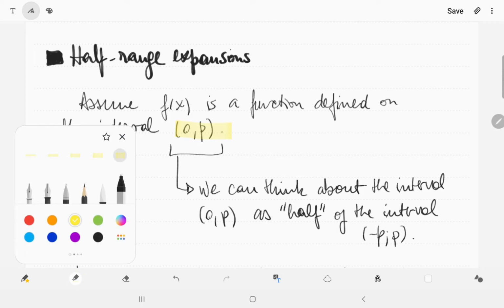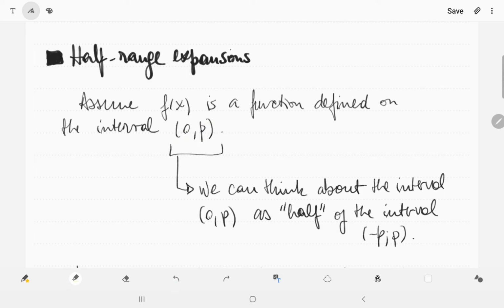We can choose how to work with this function. I have a function f in this interval (0, p) and I want to get an even function. The only thing I have to do is extend this f to the interval (-p, p) in an even way, and then we will see how we can do that.